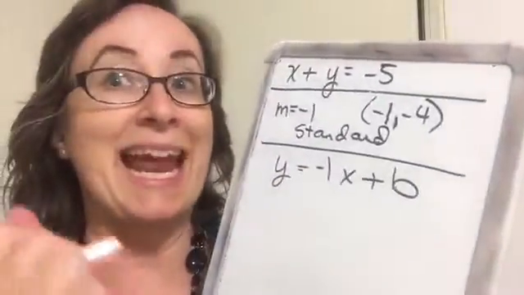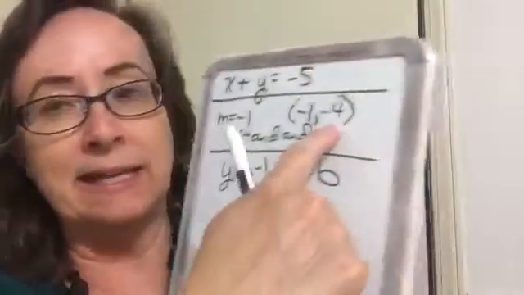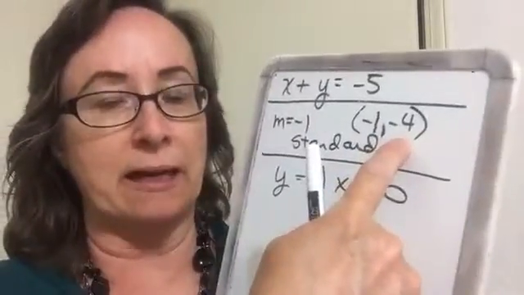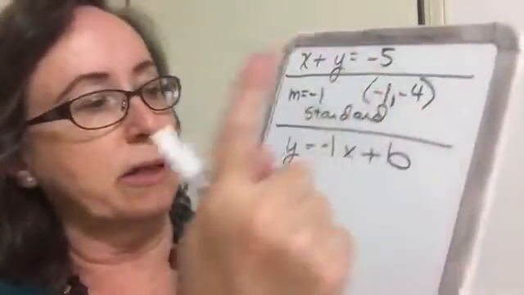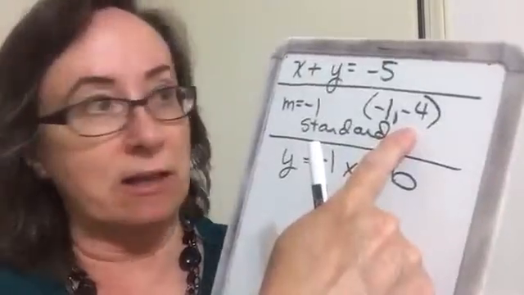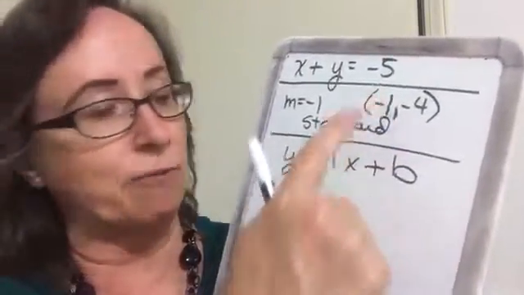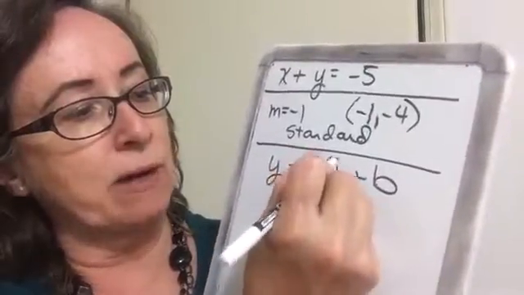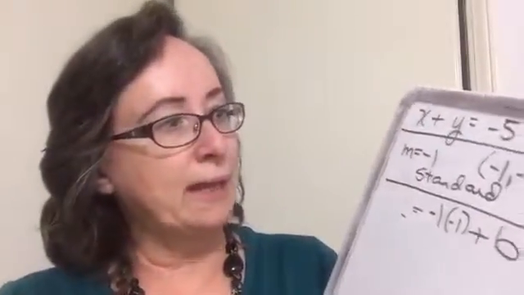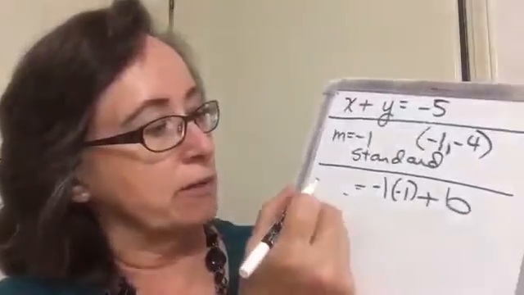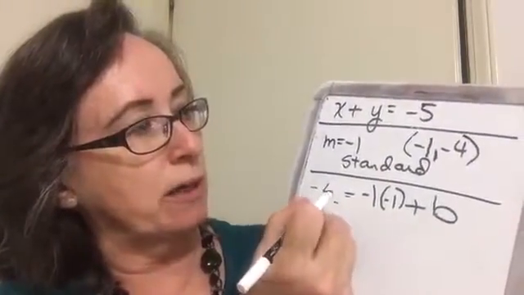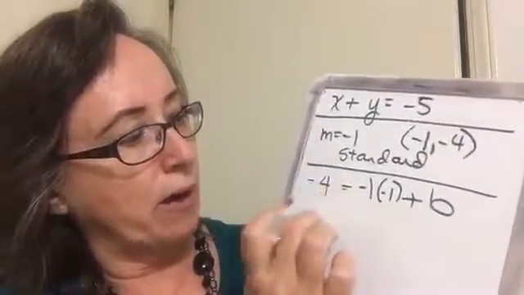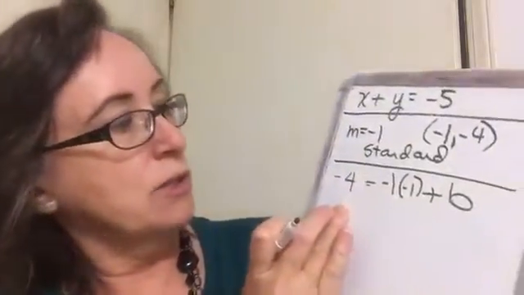And remember that any point that is on the line should make the equation true. So since this point is on the line, I'm going to say, okay, the x is -1 when the y is -4. So we're going to put the -4 over here where the y was.